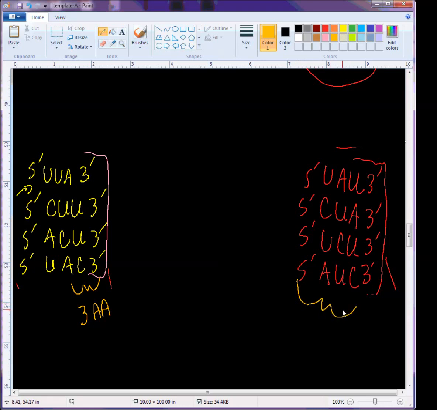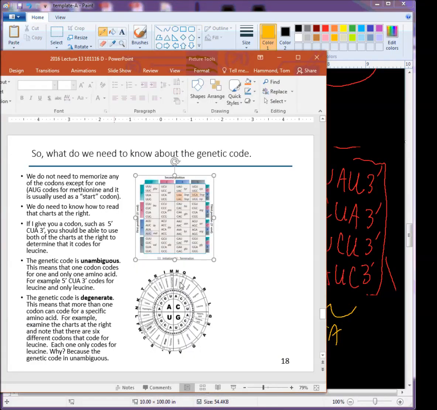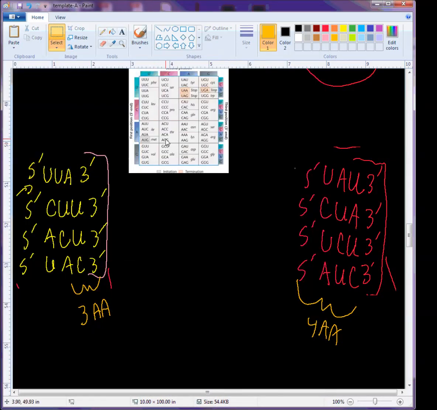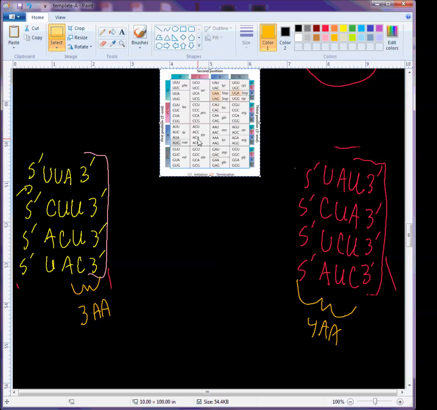Let's paste the codon table in here. Okay, here's a small codon table. Now let's see what these codons correspond to.